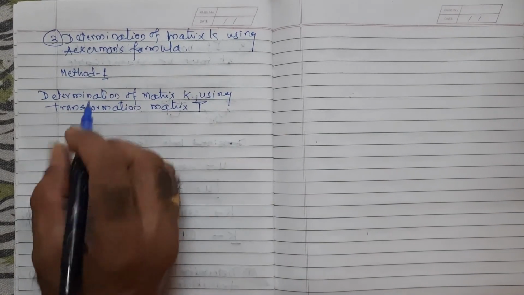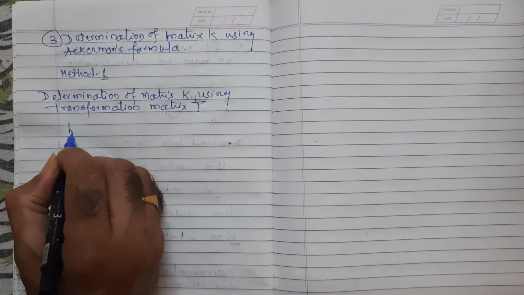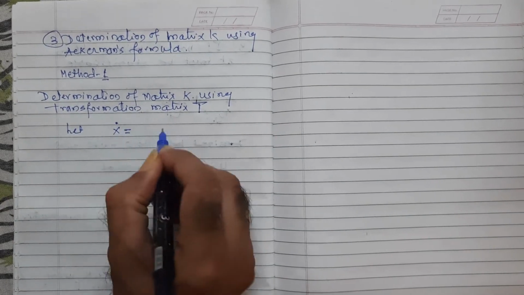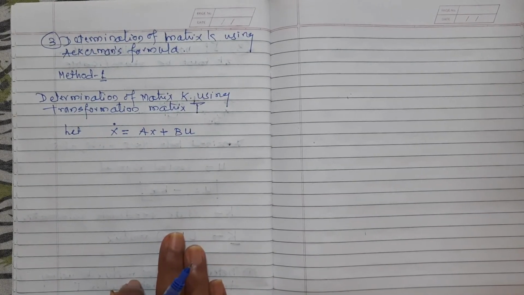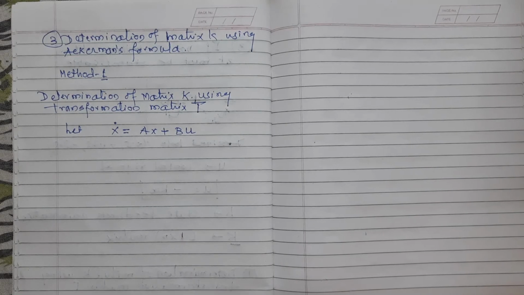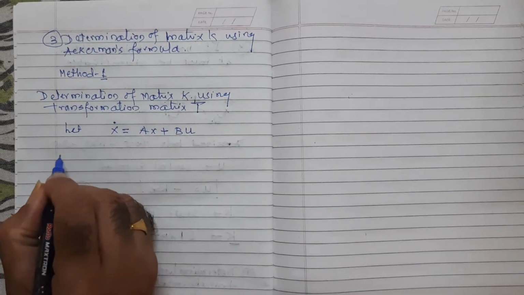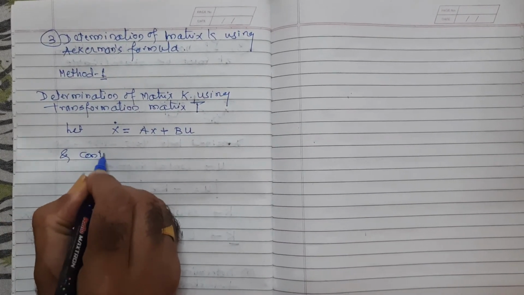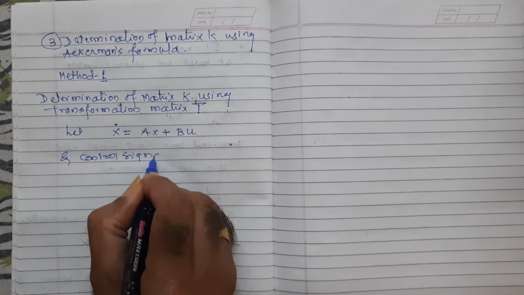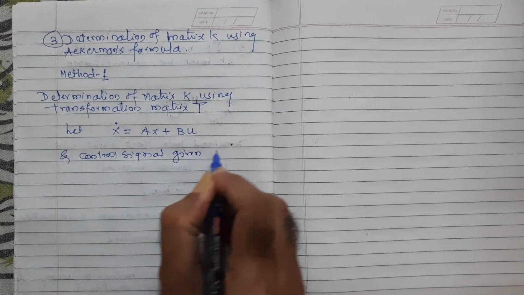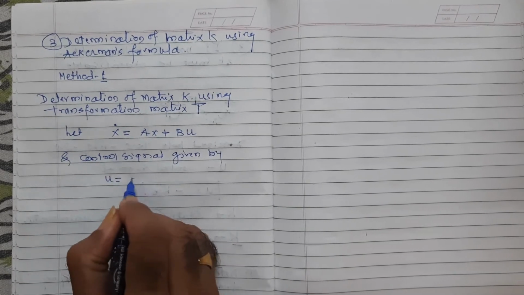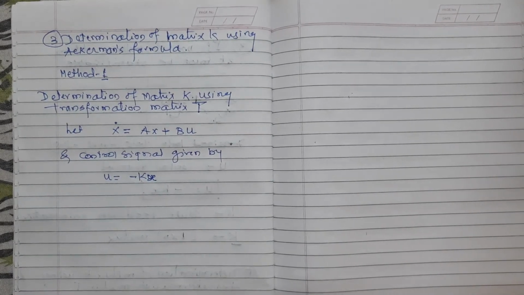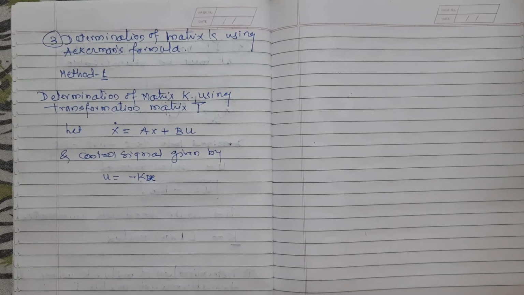Now let x dot equals Ax plus Bu, and our control signal is given by u equals minus Kx.